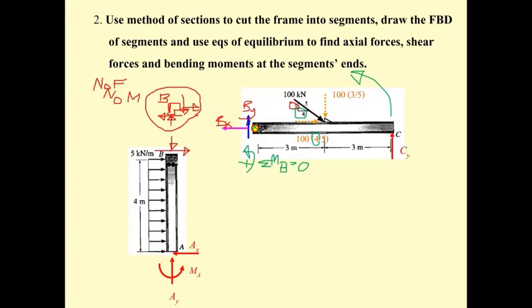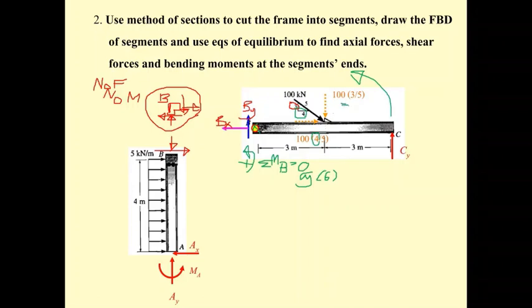So we have C sub y times the total of 6. And then the beam usually is assumed to have very small depth, so the inclined force will produce very small moment and is negligible.